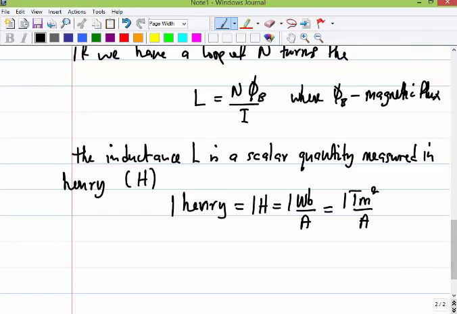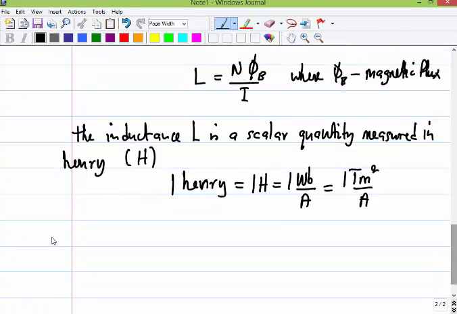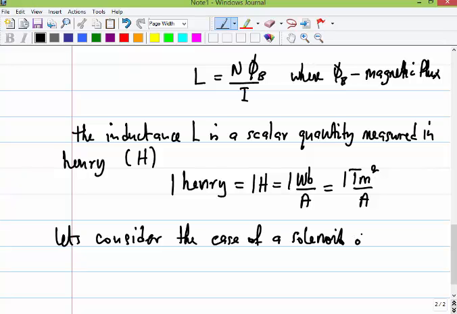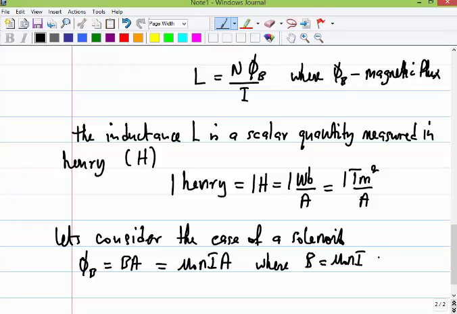Let's do an example. Let's consider the case of a solenoid. The magnetic flux phi subscript B would be equal to BA, which we can write as mu naught n I times A, where the magnetic field of the solenoid is given by mu naught n I, if you remember.